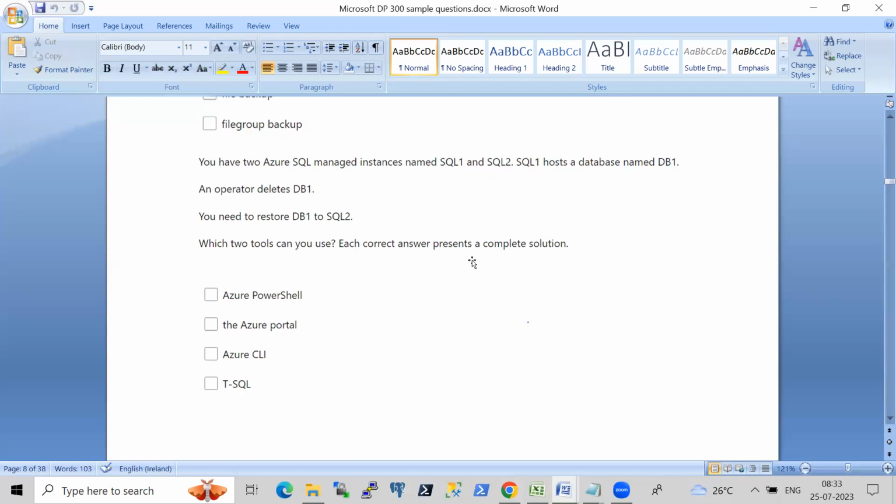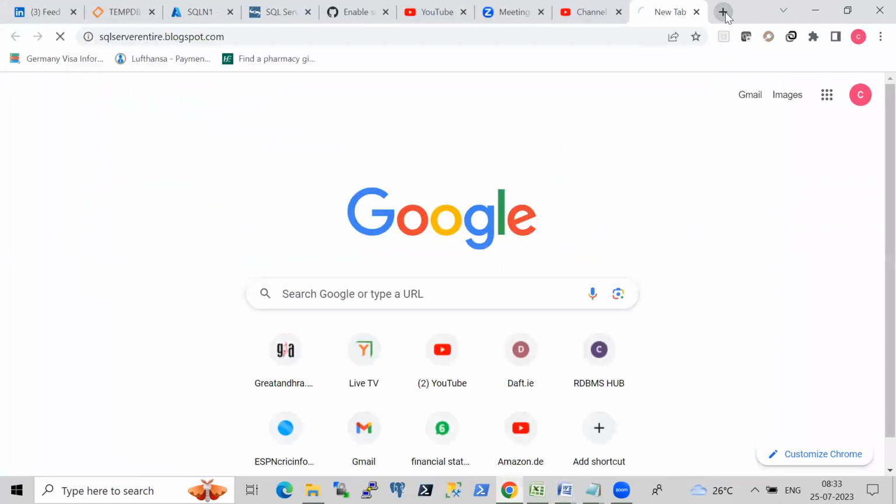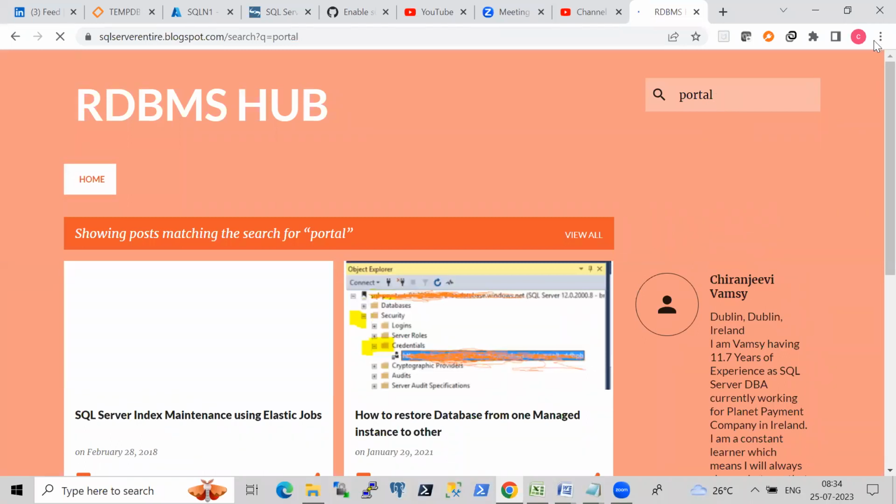Azure portal. Just for your information, yes, that is the right answer. Let me talk about this. I wrote a blog on this.